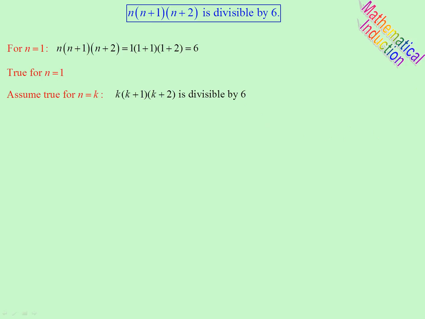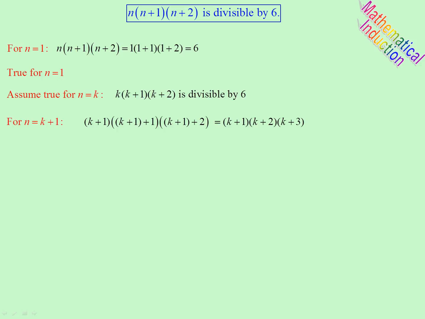Now what we're going to do is take the k plus 1th. We're going to take that with k plus 1 instead of n. For n equals k plus 1, we have that. Now we may not even need rough here. Let's have a look what we end up with. I've simplified to there.